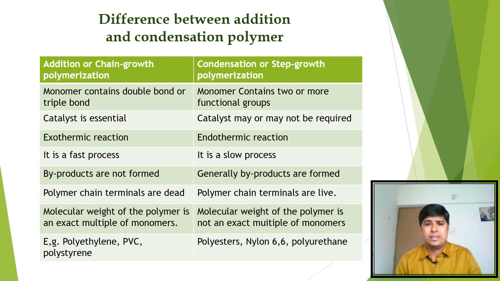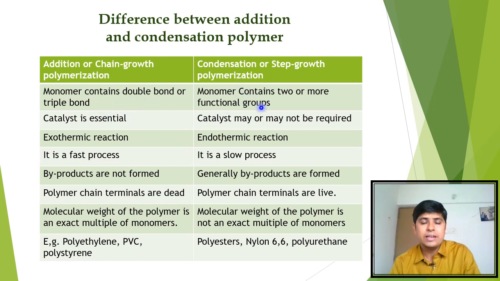Let us point out the differences between addition and condensation polymers. Addition polymerization is also known as chain growth polymerization, and condensation polymerization is also called step growth polymerization. In addition polymerization, the monomer contains a double bond or a triple bond, while in condensation polymerization, the monomer may contain two or more functional groups.